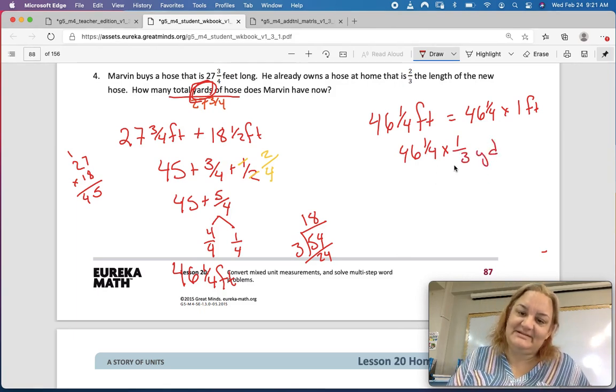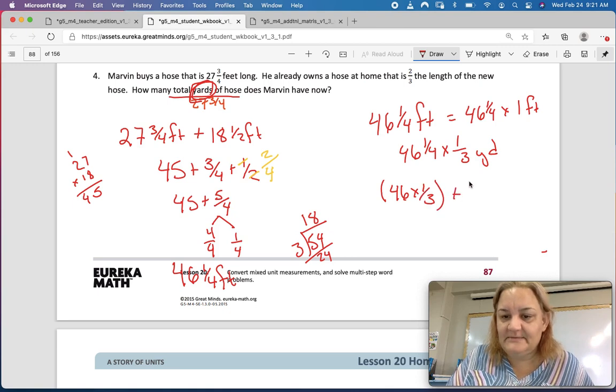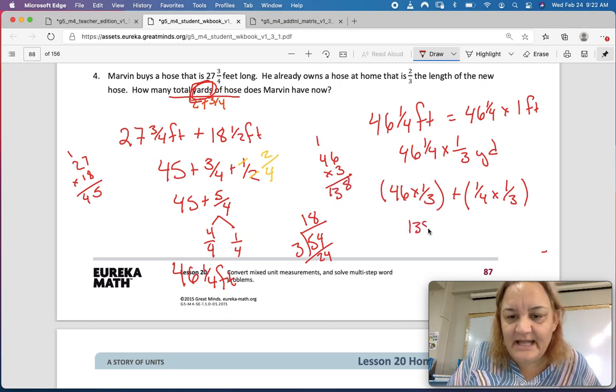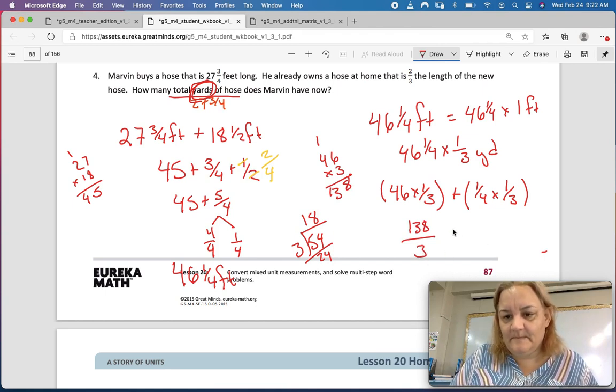Now I'm going to use my distributive property again, and I'm going to say 46 times 1/3 plus 1/4 times 1/3. So 46 times 3, 138 thirds. Okay, and over here I've got 1/12.